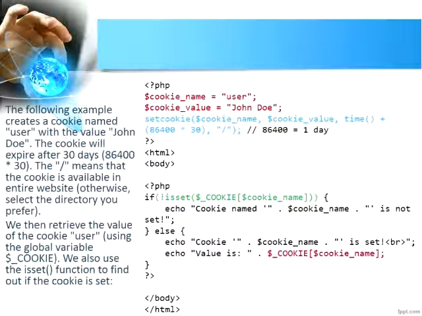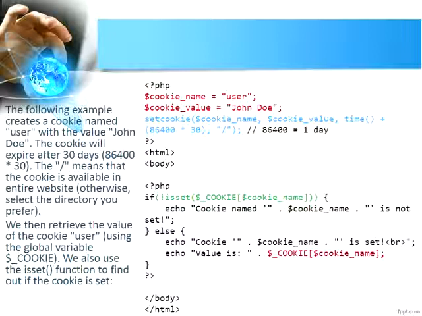Let's move now to the coding, how we can create a cookie. The following example creates a cookie named user with the value John Doe. Our cookie name is user, and the cookie value is John Doe. To create the cookie, we will use the instruction in blue. setcookie is a PHP predefined function to create this cookie.